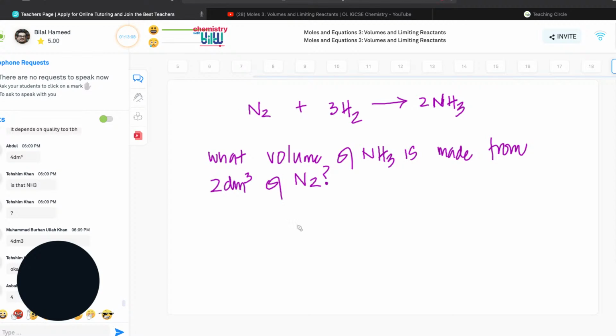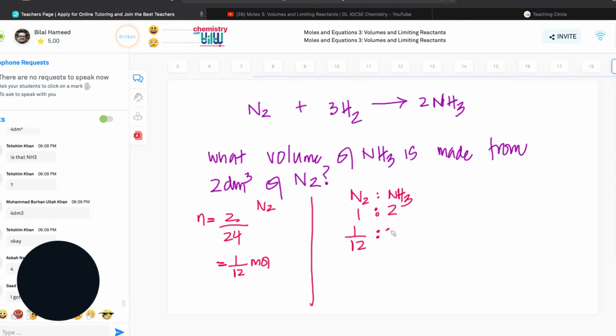Now, there are two ways of doing this question. The first is the long way. Now, the long way is you take the nitrogen and first convert it into moles. 2/24. If I leave it as a fraction, it's 1/12. Moles of nitrogen. Then the nitrogen to ammonia ratio is 1:2. So 1/12 is to what?